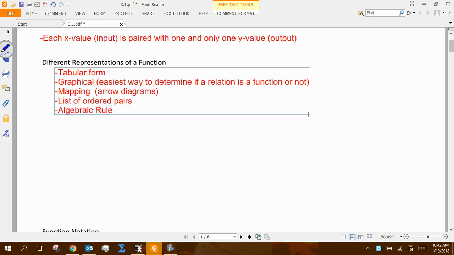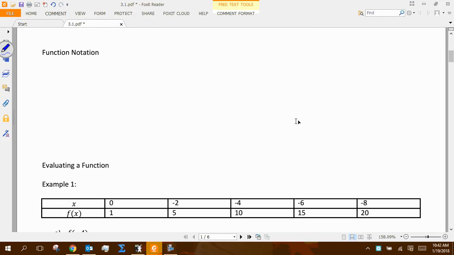Moving down to this idea here, function notation. Basically what we have a lot of times is y is equal to some rule, whatever that rule may be. These are equations that we've dealt with, maybe linear, nonlinear, whatever we've graphed.